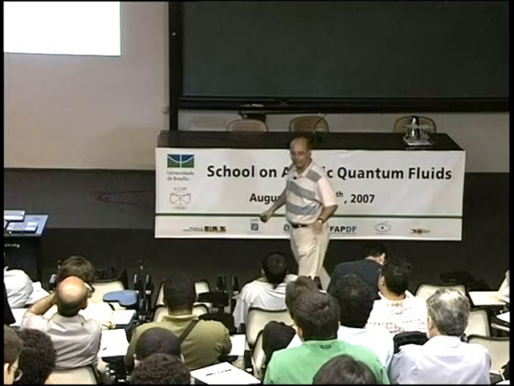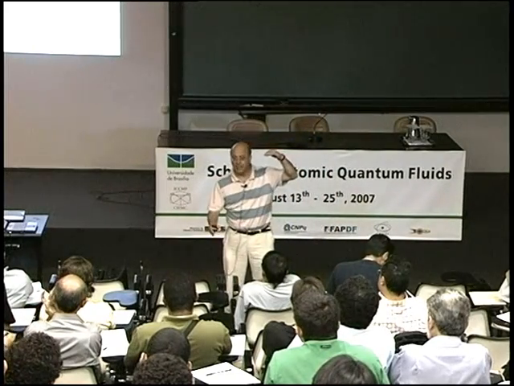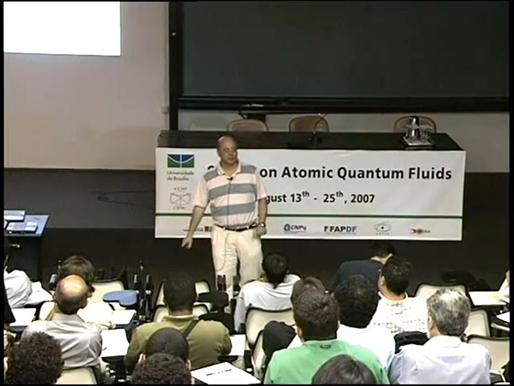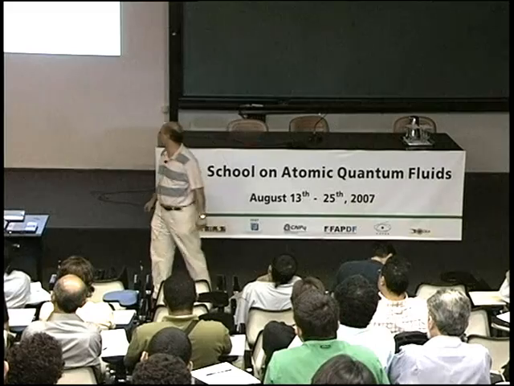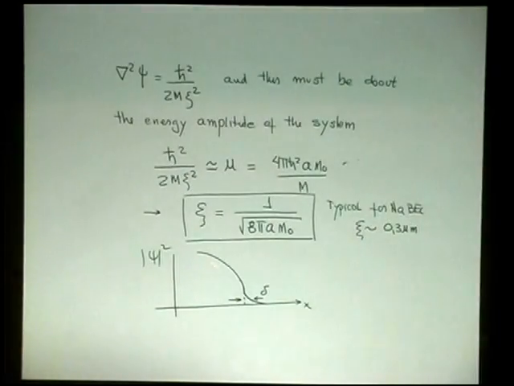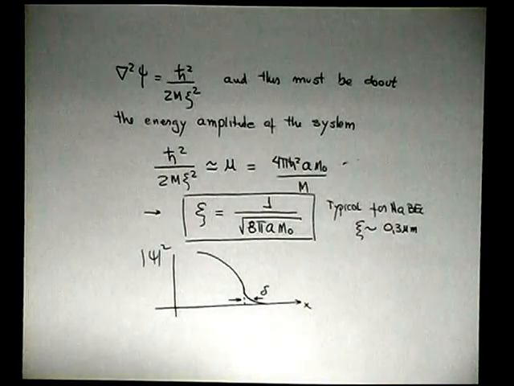To have a zero healing length, which means the wave function comes and boom, you need an infinite scattering length for this approximation. And that doesn't exist, really. I mean, you can have big, but... Okay, so in fact, even in that approximation, the wave function will come and whoop, and this whoop is the healing length.